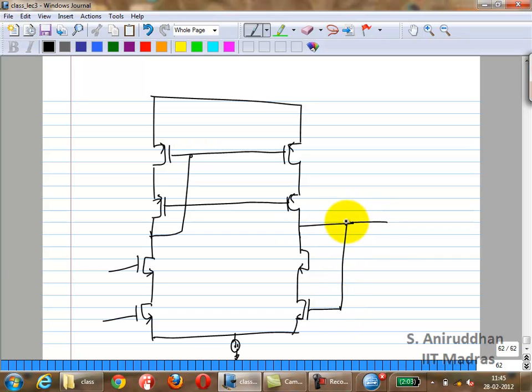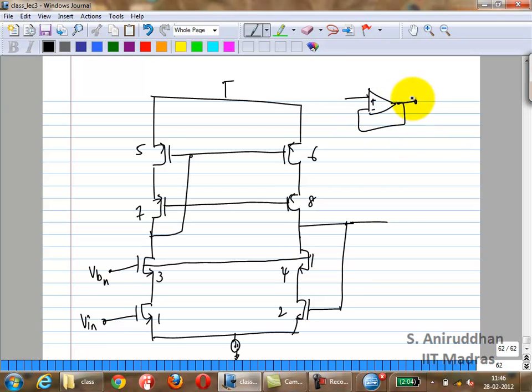Suppose you try to set it up as a unity gain buffer, okay, and I'm going to call this VBN, okay. So let's number the things 1, 2, 4, 5, 6, 7 and 8, okay. So basically I'm trying to set it up in a unity gain buffer configuration.